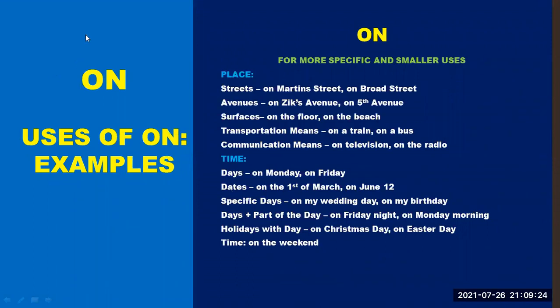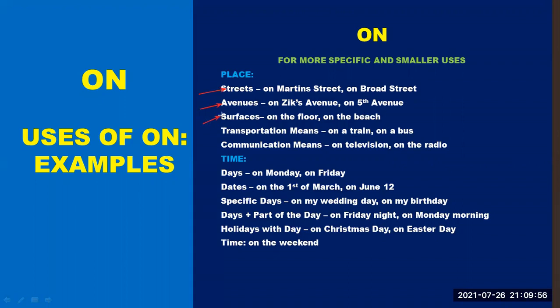Now, I earlier mentioned that on is used for more specific and smaller uses. In terms of place, you use on for streets, for example, on Martin's Street, on Broad Street, and so on and so forth. You use on for avenues, on 6th Avenue, on 5th Avenue, and so on.